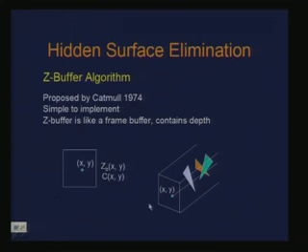So, what is going to happen? Just let me illustrate. You have a scene like this, let us say, which is containing these polygons, triangles, right. This is the scene I have, and this is the viewing plane somewhere.